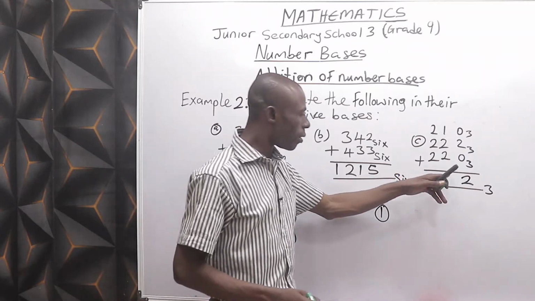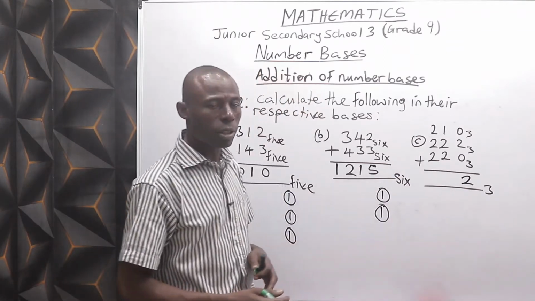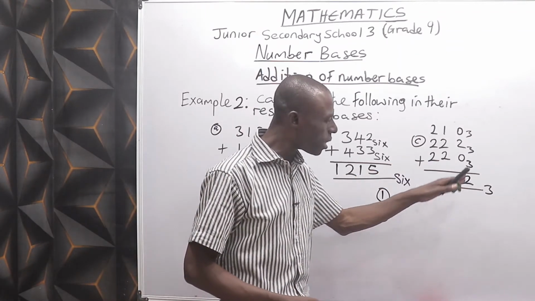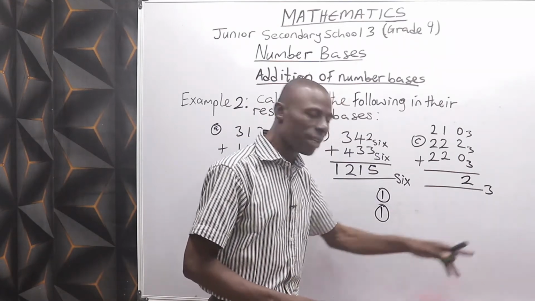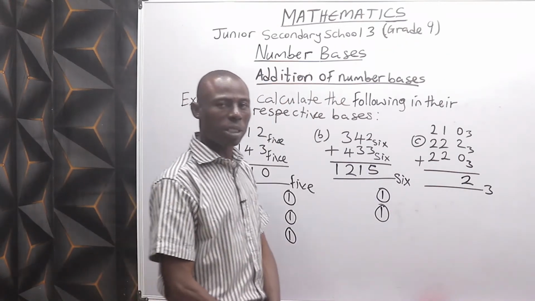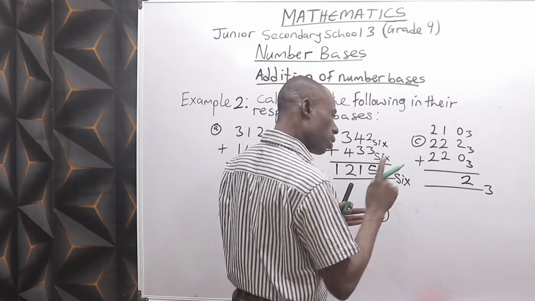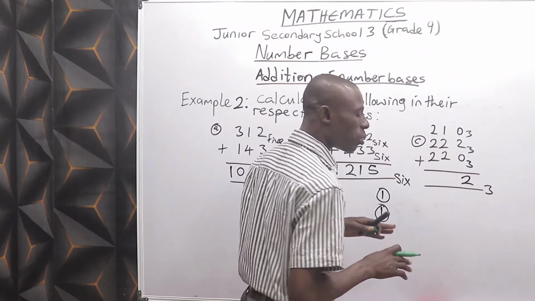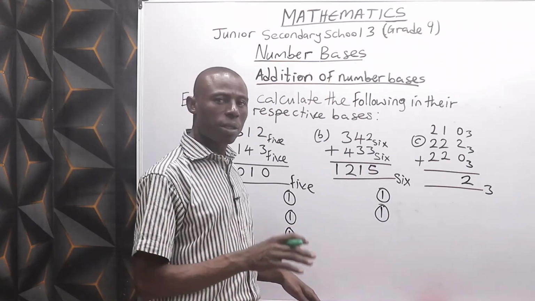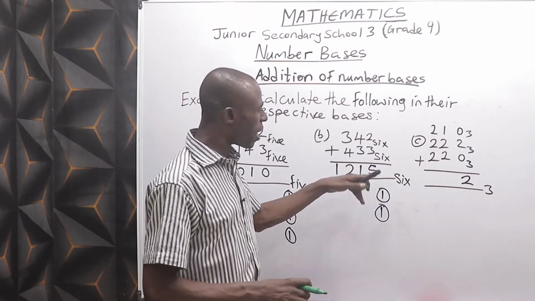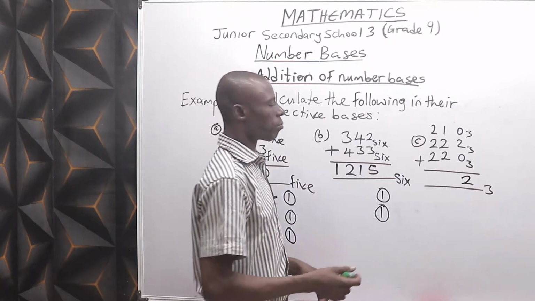You cannot write down the 5. We are operating in base 3. You cannot write down a digit that is equal to or greater than the base we are operating in. It must be less than the base. Each digit in a number must be less than the base of the number.